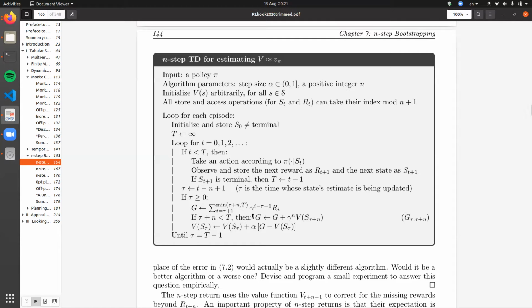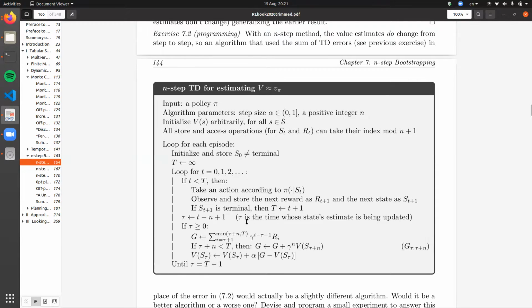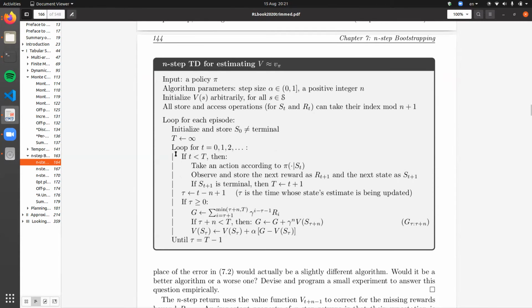And yes, assuming that each of our updates in expectation is taking our state value function towards the actual state value function, this kind of update should be better compared to the one where we use the state value function available at time step t.